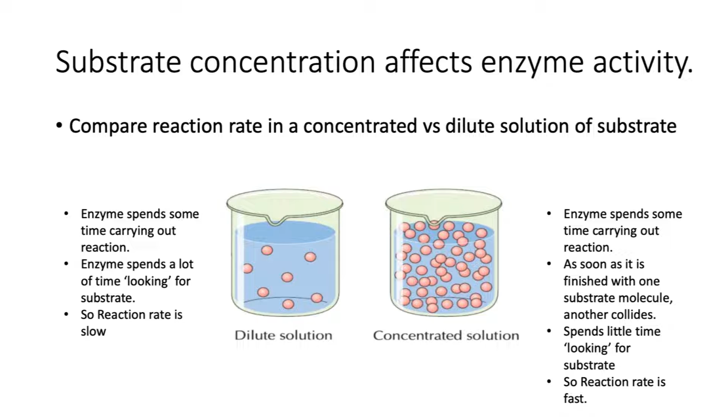In the dilute solution, however, the enzyme basically spends most of its time almost like looking for substrate molecules. It's just kind of bouncing around, waiting for substrate molecules to collide with it. And so the reaction rate is relatively slow. Most of its time is used looking for or waiting for a collision.